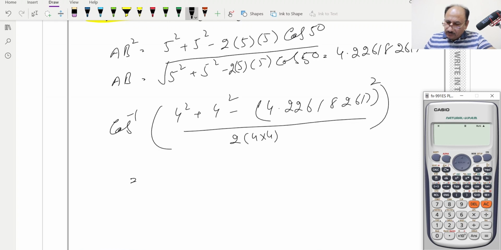And if we write down shift cos of fraction, this will be 4 squared plus 4 squared minus 4.226182617, and this will be squared, and over this will be 4 4s are 16 into 2 will be 32, and this bracket will be closed, and this is equal to 63.777.